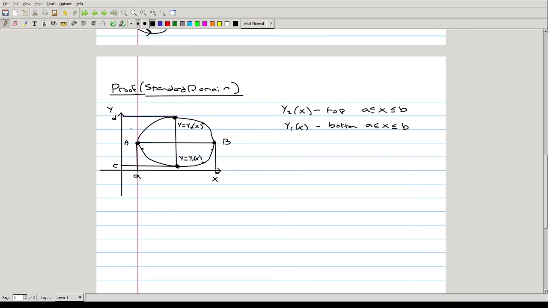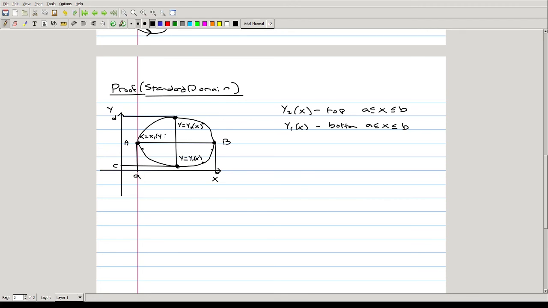Likewise, we'll call the left boundary and the right boundary. So for this curve right here, the left curve, x is equal to x1 of y, it's a function of y.